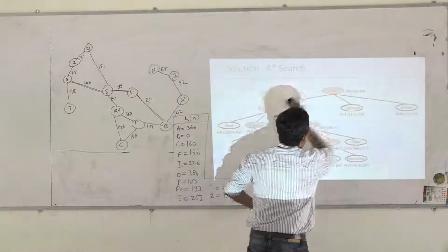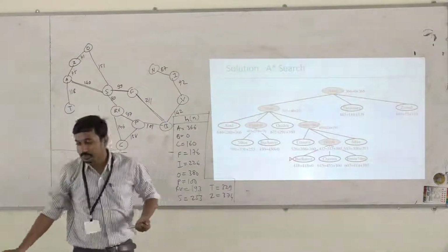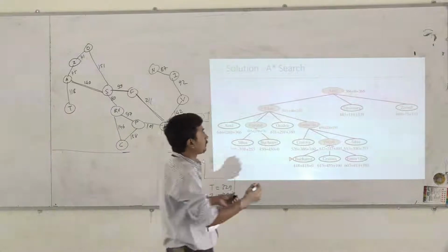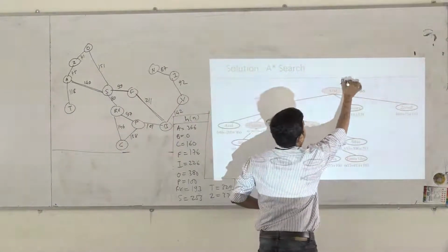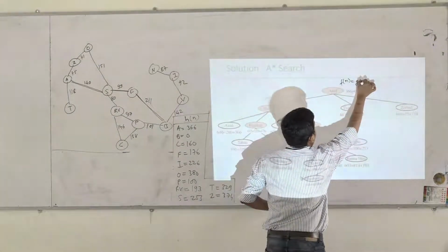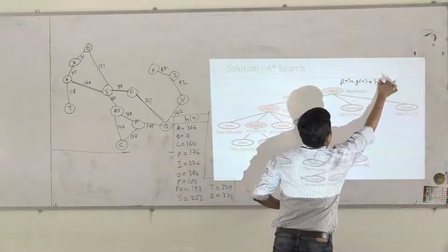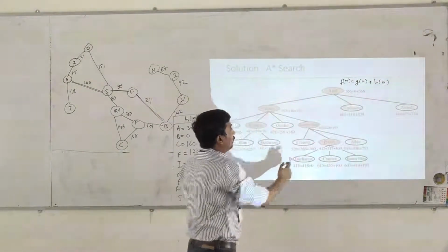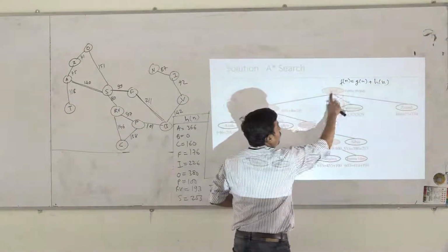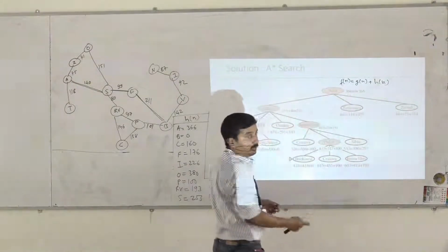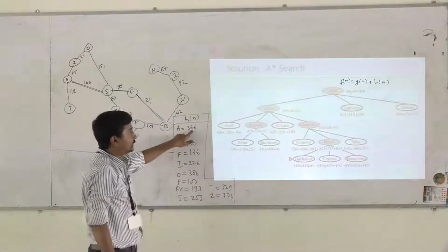Now at every node we have to calculate f of n, which is g of n plus h of n. The path cost of the root node is 0 plus h of n, which is 366.